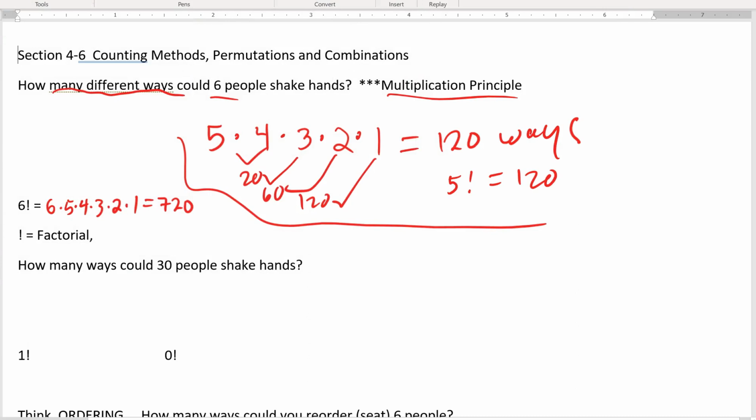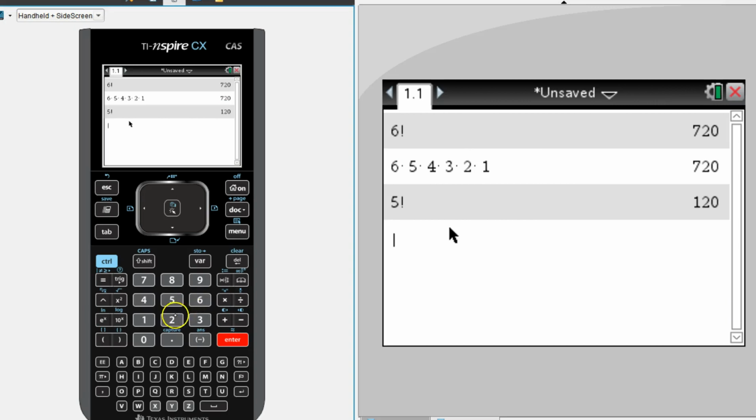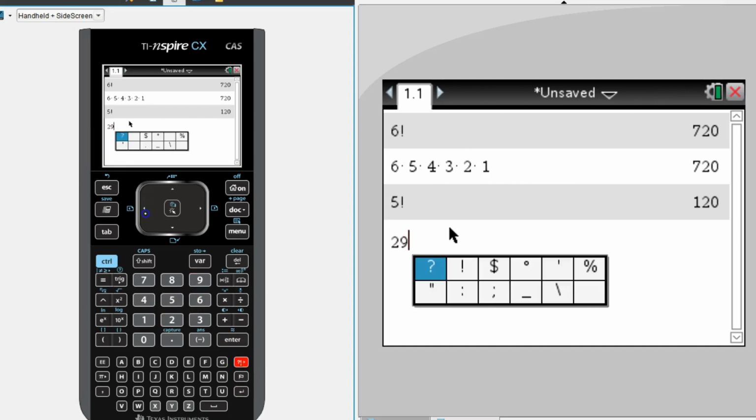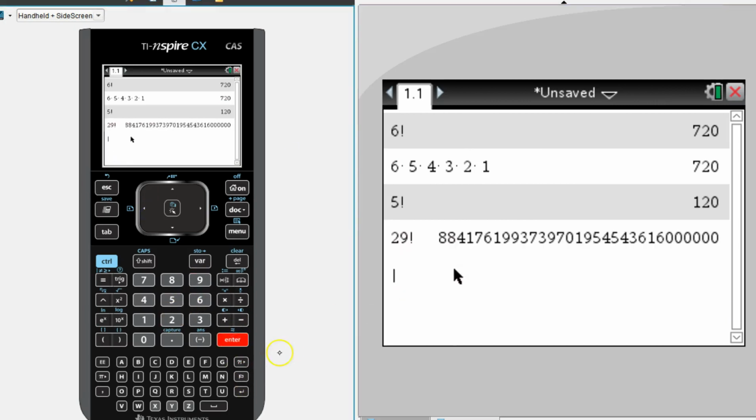So now we said, how many ways could 30 people shake hands? Well, the first person could shake with the second one, third one, all the way down, so 29 factorial. That's really big. What we would probably do at some point is write this in scientific notation.